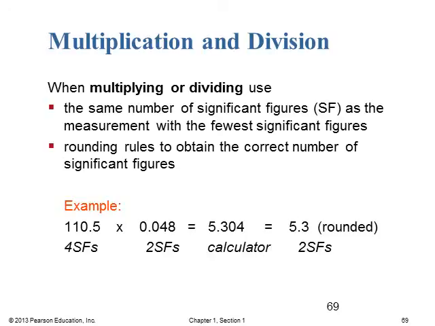So in the example, we have 110.5 multiplied by 0.048. So our 110.5 has 4 significant figures, and our 0.048 only has 2 significant figures. So if we were to plug that in our calculator, we get 5.304. That is too many significant figures for us to report. We're only allowed to report 2, given by our 0.048.